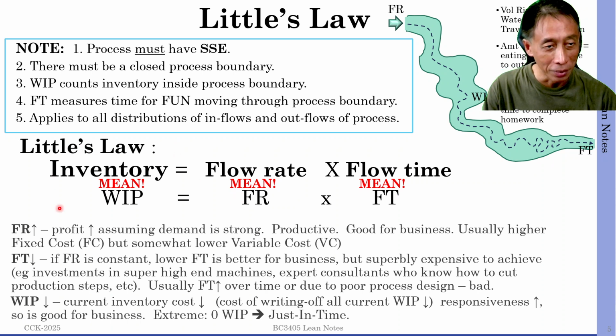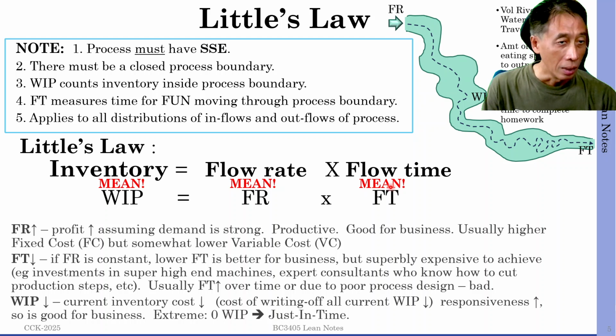As you can see in this slide, the big fonts tell us the relationship between the inventory, the WIP as in most textbooks, with the flow rate and the flow time.